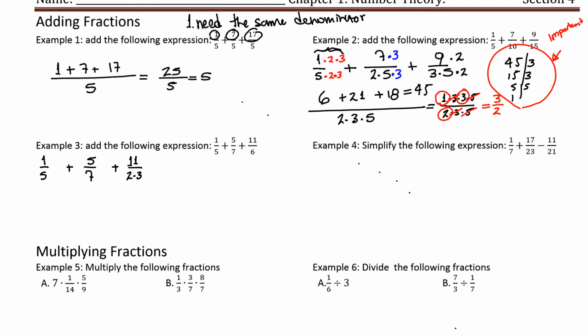Now if you look at this problem, you'll notice 5 is missing 7, 2, and 3. 2 is missing 7 from one, and it's missing 2 and 3 from the other. And we always have to multiply the top and the bottom. Then 7 is missing 5, 2, and 3.